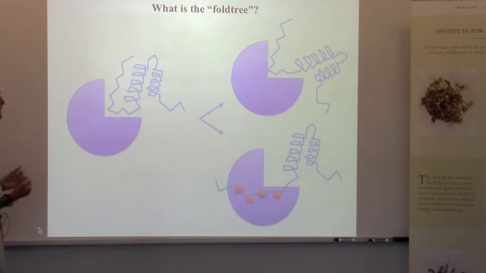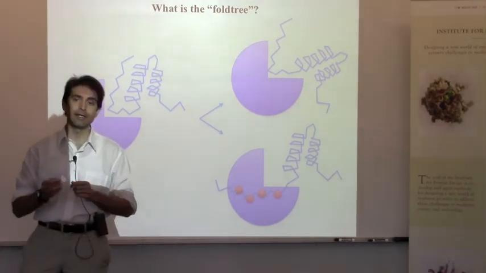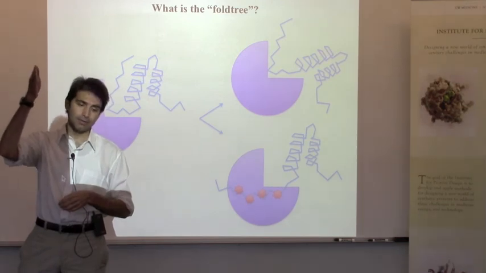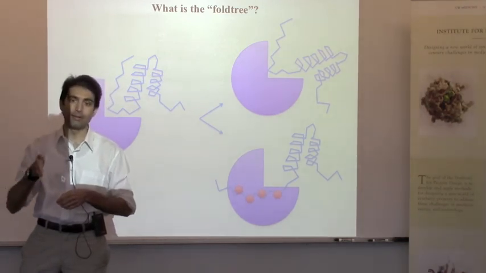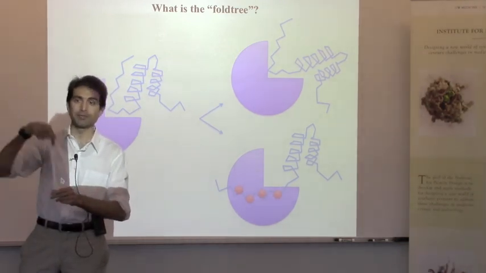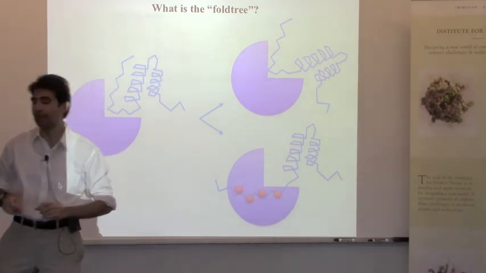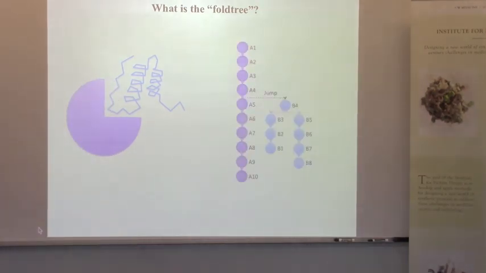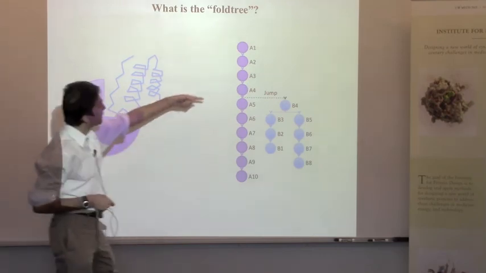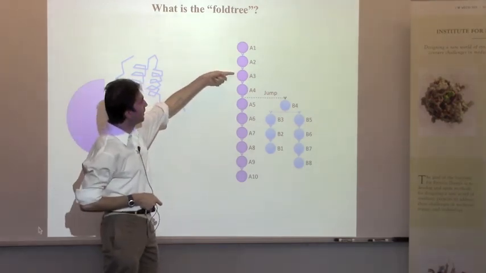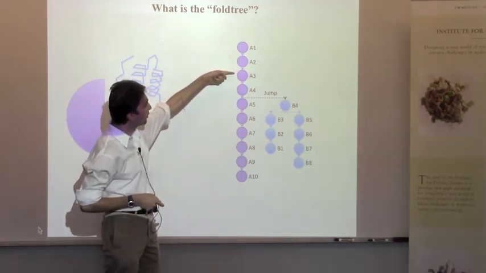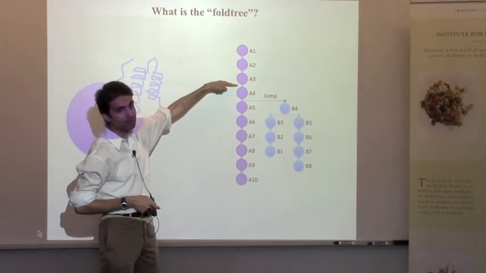So Rosetta uses something called the fold tree to define a hierarchy of conformational inheritance for residues. Every single residue in your structure has a parent residue which will remain fixed if you rotate about the bond between that residue and its parent.